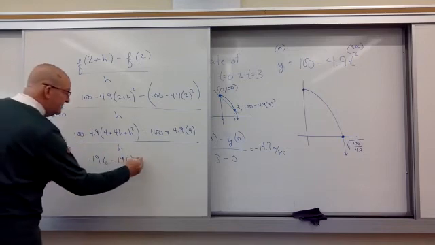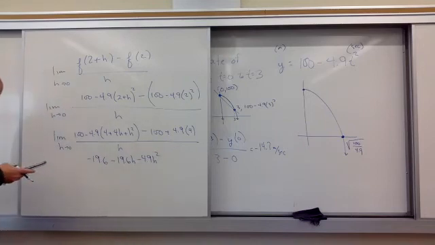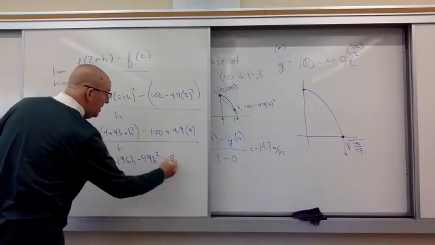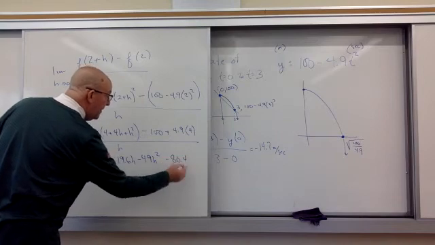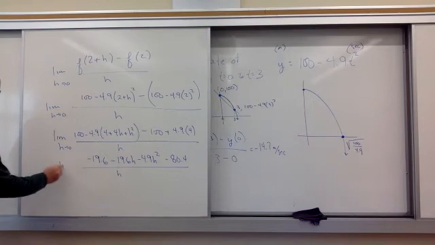Negative 4.9 times h squared, minus 4.9h squared. How about negative 100 plus 4.9 times 4? Negative 80.4 minus 80.4 all over h.